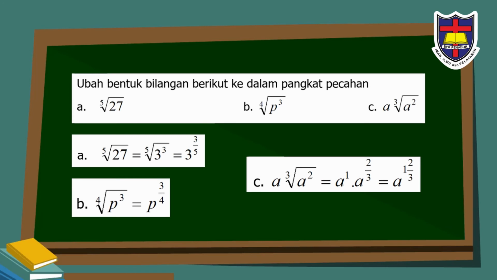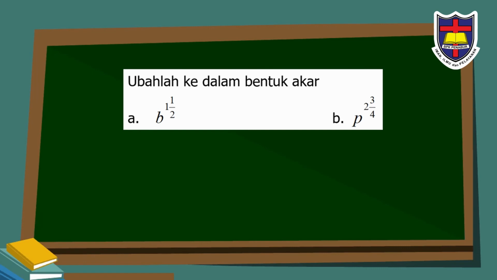Now for the last example, we've got a times third root of a squared. So a to the power of 1 times a to the power of 2 over 3. When we have the same base number, we can add the powers. So 1 plus 2 over 3. So we've got a to the power of 1 2/3.